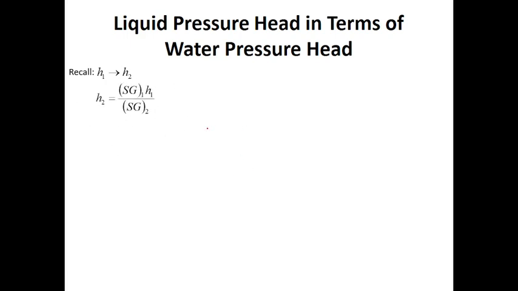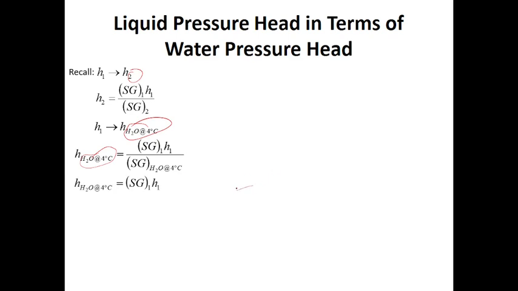Pressure head of liquid 1 is converted to pressure head of liquid 2. If the pressure head of liquid 2 is water at 4 degrees Celsius, the height of water at 4 degrees Celsius is simply SG1 H1 all over SG of water at 4 degrees Celsius.